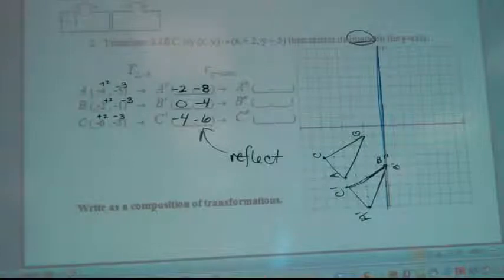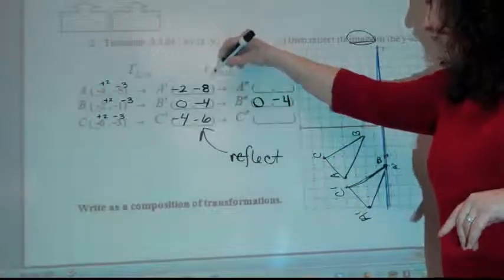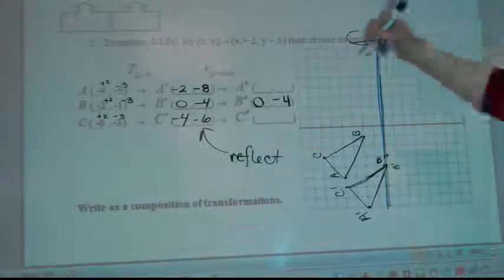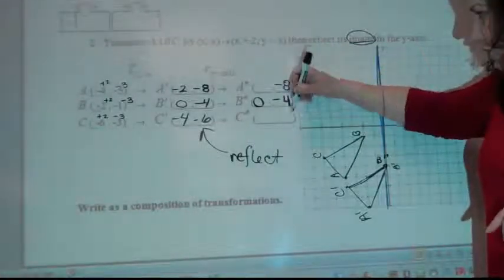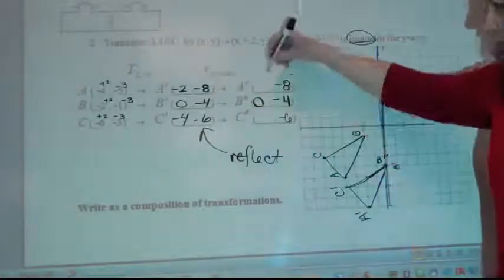(0, -4). A prime. What's the rule again for reflecting over the y-axis? Reflect over the y. What do you keep all the same? The y's. So this should be -8, this should be -6. And then what do you do with the 2 and the 4?